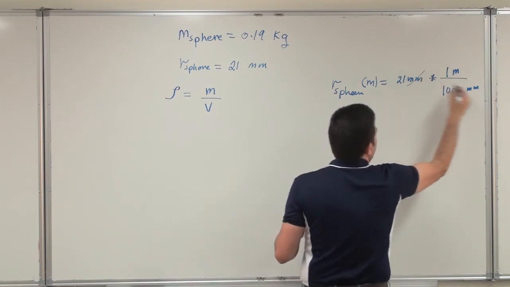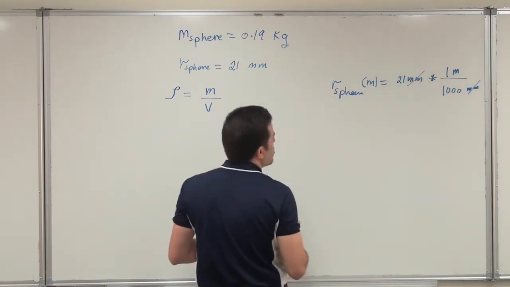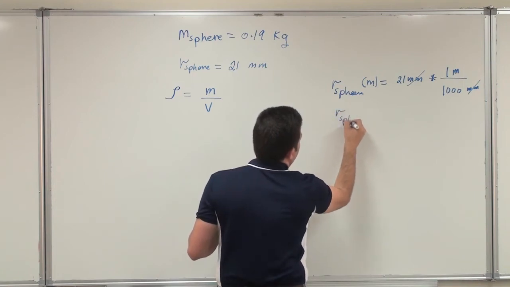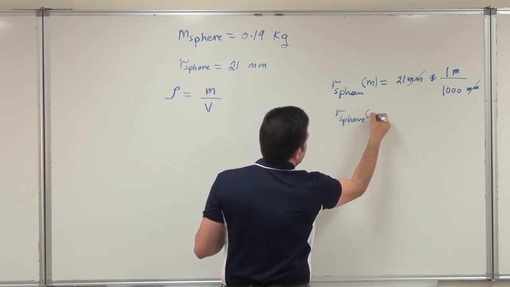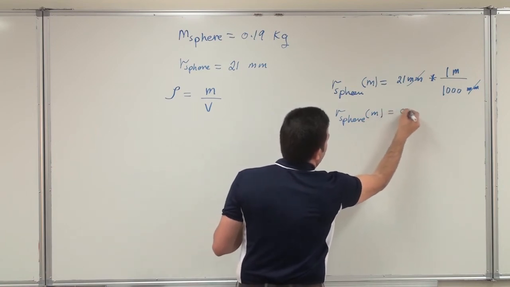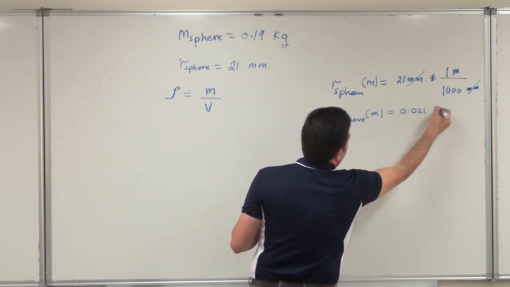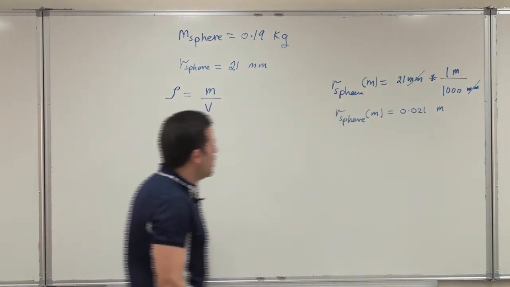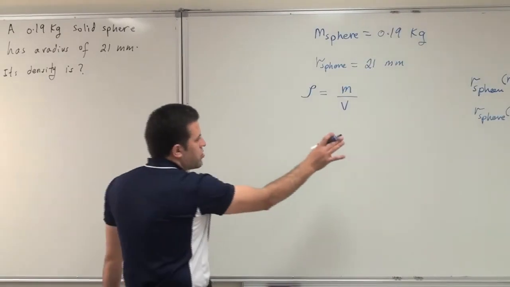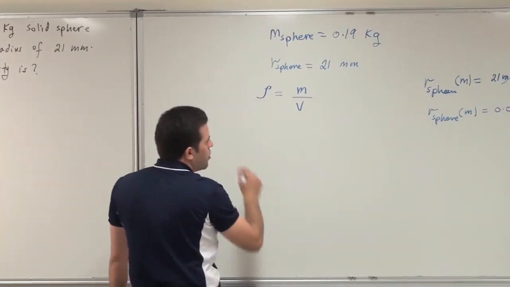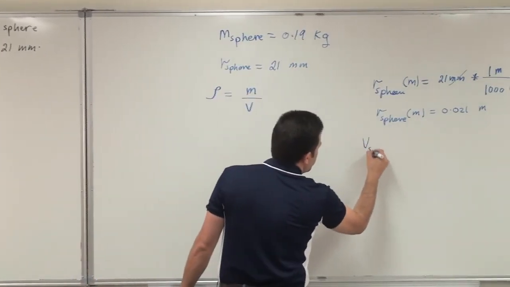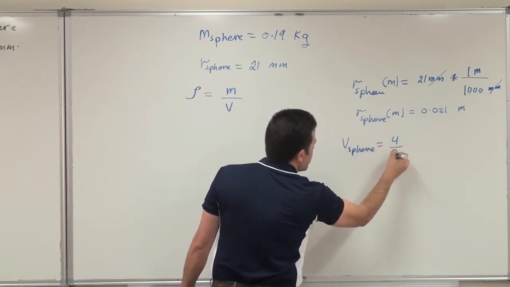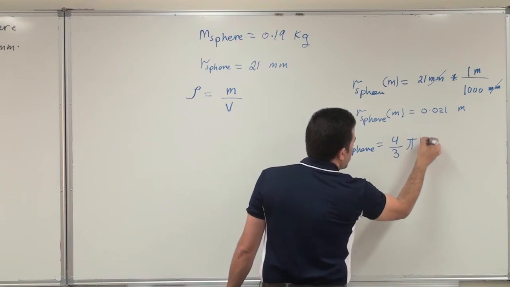So this millimeter will cancel with this, and then I'm left with the R of the sphere in meters equal to 0.021 meter, because I divide 21 by 1,000. Now, I can use this result to find the volume. So the volume of this sphere is 4/3 pi R cube.